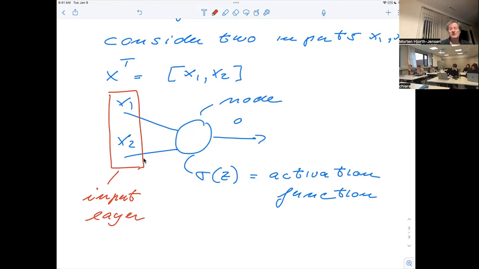If you're thinking of something like a gate in electronics, you could assume that if the input gives you a voltage, when it has gone through this function sigma of z, it gives a voltage which is larger or less than 1. If it's larger than a certain threshold, it produces a bit 1. If it's below a certain threshold, it produces a bit 0.